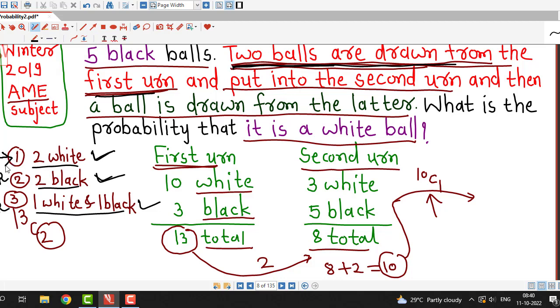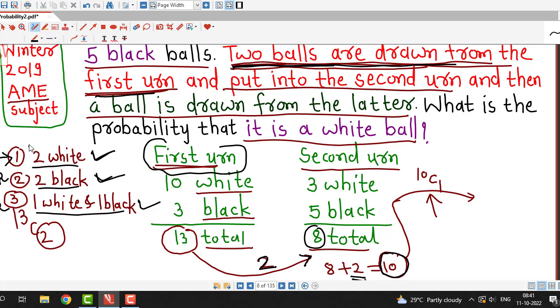First we will consider the possibility that two white balls are drawn from the first urn. After drawing two white balls from the first urn, they are put into the second urn. In the second urn there are 8 balls, and they are putting two balls from the first urn into it, so now there will be 10 balls in the second urn.